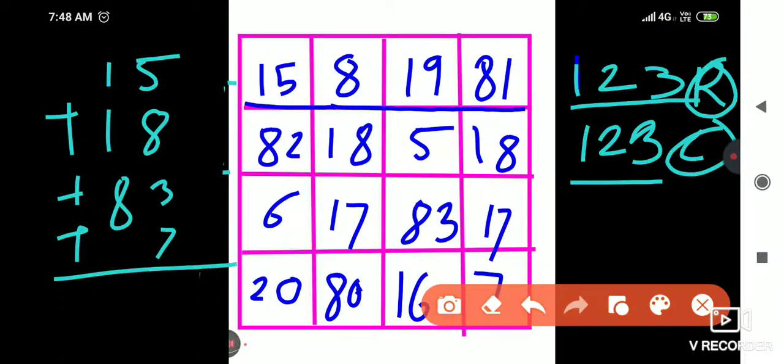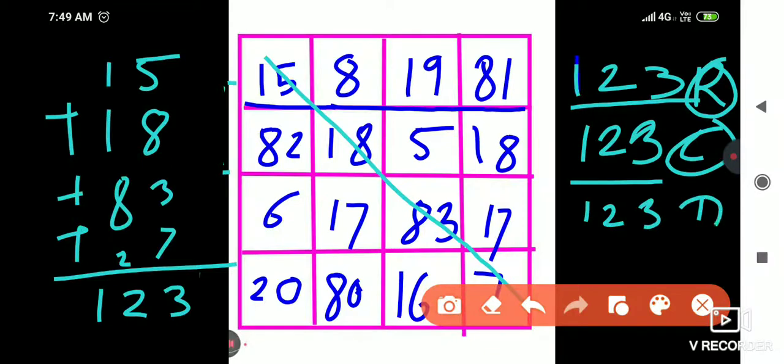You will notice that 7 plus 3 is 10, 10 plus 8 is 18, 18 plus 5 is 23. So I write 3 here, 2 is carried. 8 plus 2 is 10, 11, 12. So 123. So this diagonal addition is also equal to 123.